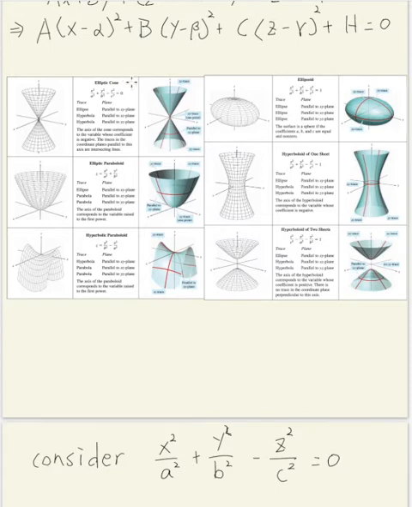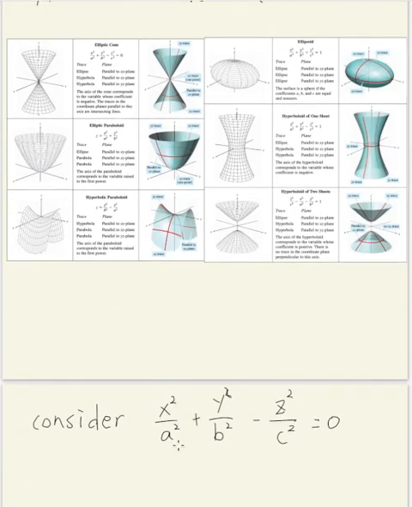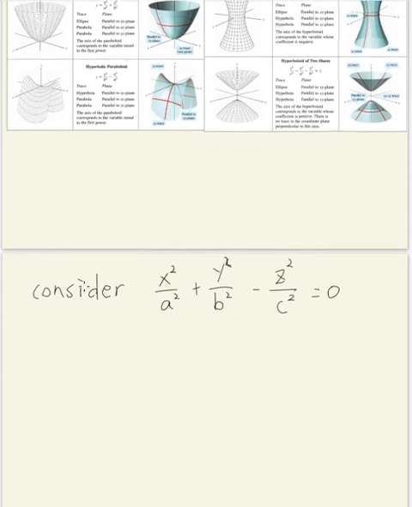Now, before we actually wrote a times x squared, b times y squared, c times z squared. It's just when we were talking about elliptic cone, it's common practice to turn that into divided by a squared. It makes more sense because you will realize that the cross sections of the shape are actually either parabolas or ellipses. And when you're talking about ellipses, you usually write it in this form, right?